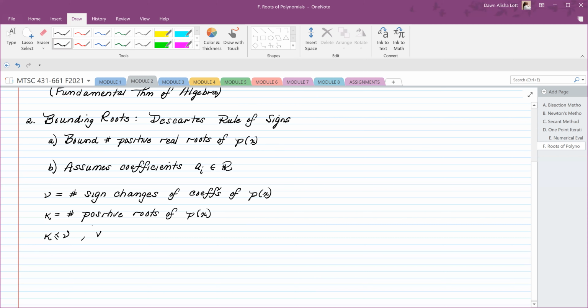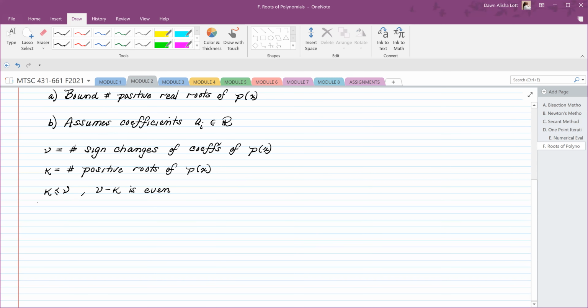And nu minus kappa is even. So that kind of helps us figure out what we're working with.